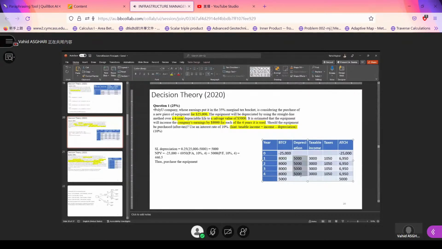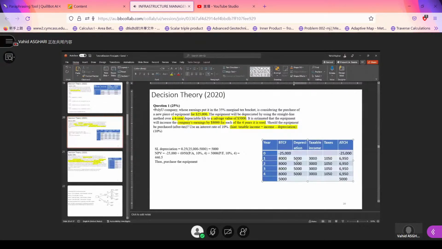Okay, taxable income. What is taxable income? Taxable income is the income minus depreciation. It will be simply like that. You will have $8,000 minus $5,000. What is the idea? As a company, you tell the government that, yeah, although I made $8,000, my equipment has got old and I indirectly spent $5,000.